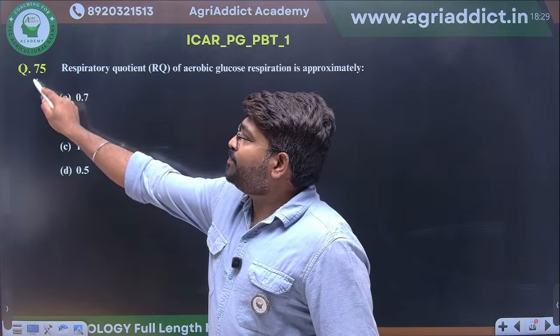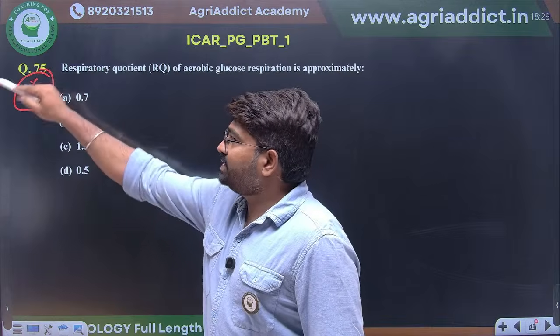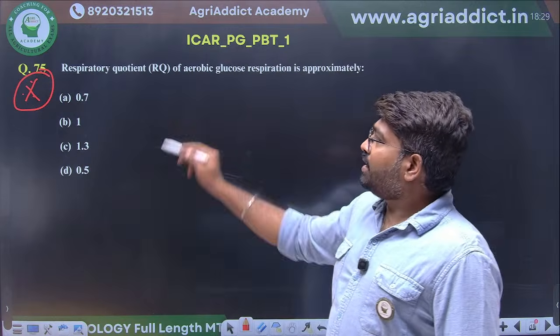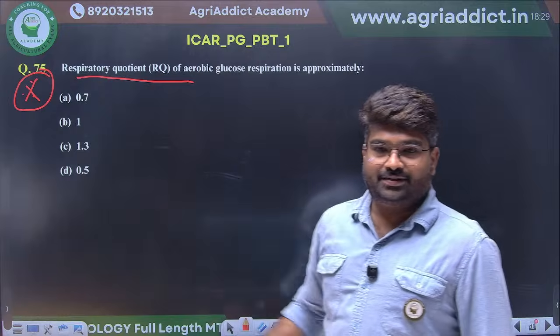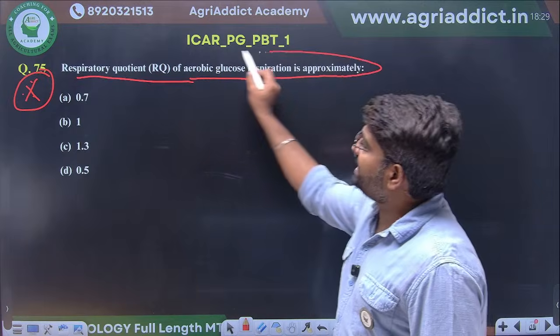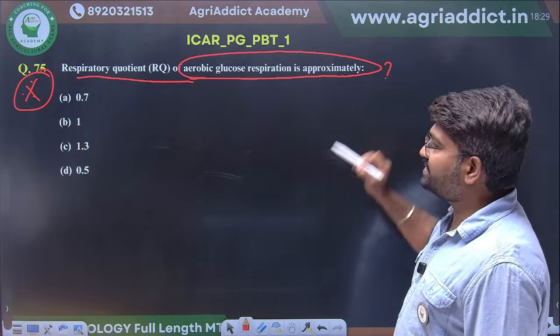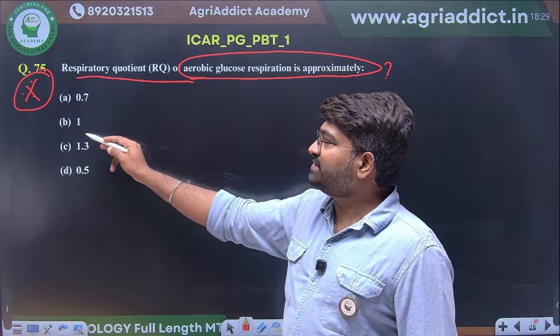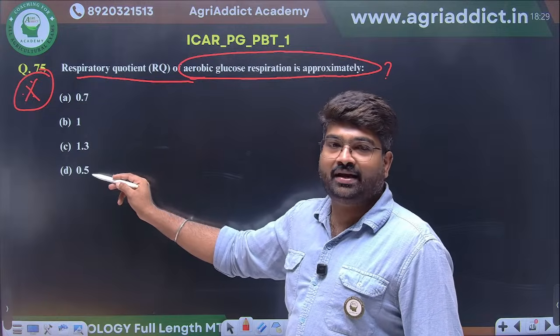This is another important question, students. Respiratory quotient of aerobic glucose respiration is approximately how much, they are asking. They have given options 0.7, 1, 1.3 and 0.5.